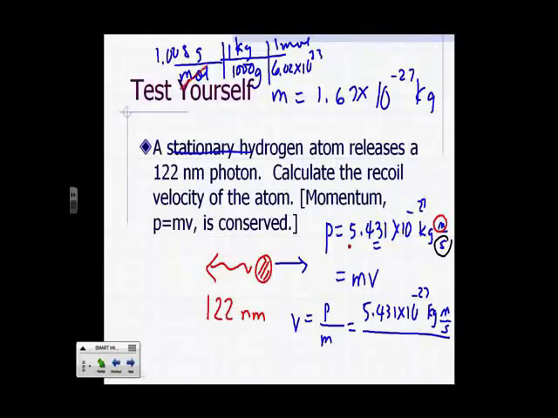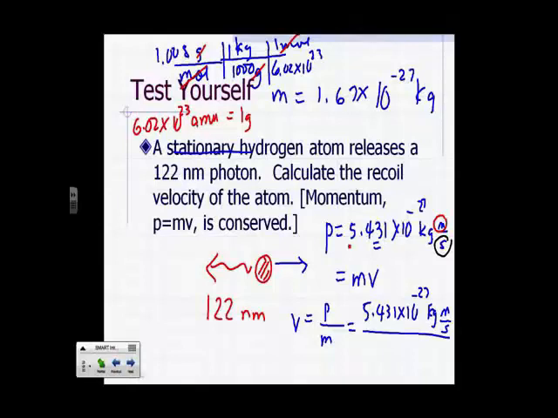That gives you the mass for each atom. Think of it this way: 6.02 times 10 to the 23rd AMU, atomic mass units, is 1 gram. You can use that as a conversion. A mole of AMUs is 1 gram.